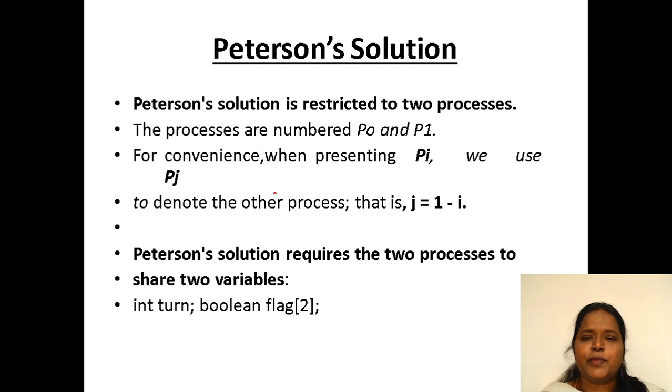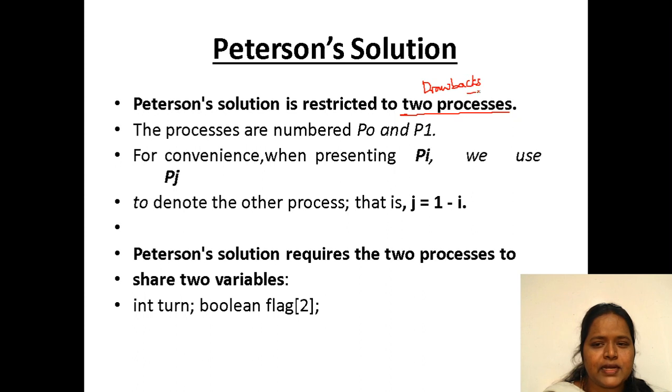Fine. Now the Peterson solution. Here the Peterson solution is restricted to two processes. This is the drawback of the Peterson solution. Peterson proposed a solution for the critical section, which is well and good, but the drawback is that he suggested it only for two processes.